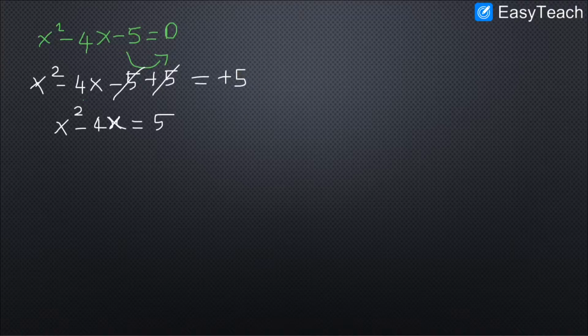That's what I have done here. So finally we got x square minus 4x equal 5. Otherwise you can simply transfer minus 5 to the other side. Both methods are the same. So anyway the current equation is x square minus 4x minus 5.